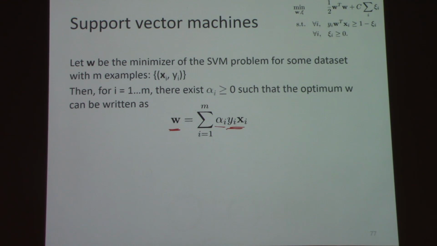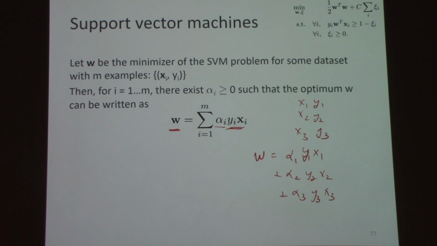So if you have three points, x1, y1, x2, y2, x3, y3, then at convergence, and only at convergence, the best weight vector for SVM will be equal to alpha 1 times y1 x1 plus alpha 2 times y2 x2, and so on. It's just this linear combination of the training examples.